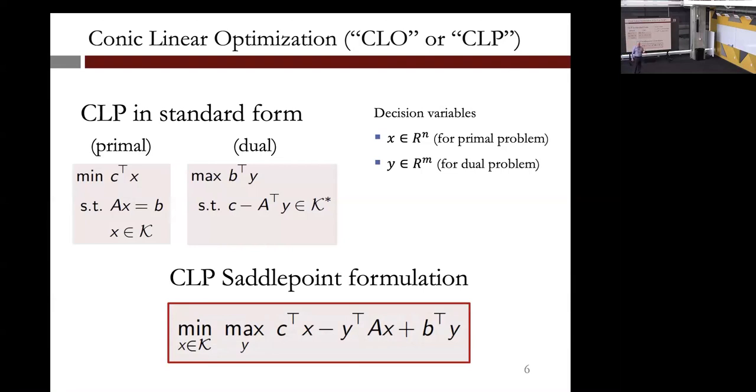They just seemed to be a cute mathematical curiosity. But I believe it is this saddle point formulation that enables these methods to work so well. These methods are actually designed for saddle point problems, not for solving primals and duals. So that is the fundamental structure.